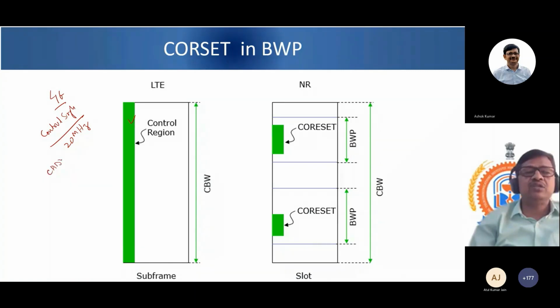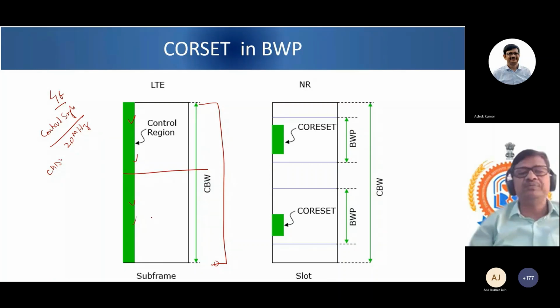Like this. This is your control region. So whatever channel bandwidth you have, your control signaling is spread over it. So you cannot use a bandwidth part, you will not be able to receive the signal, there will be no handshake. Suppose I make a bandwidth part in LTE, you cannot use it because your control signaling is designed to be spread over the entire channel bandwidth.